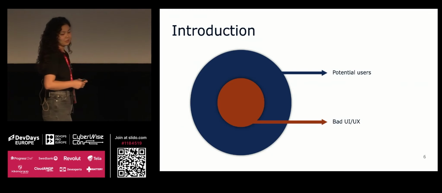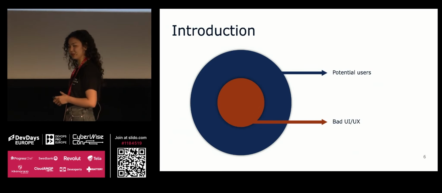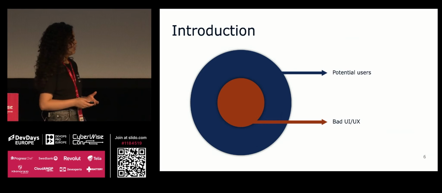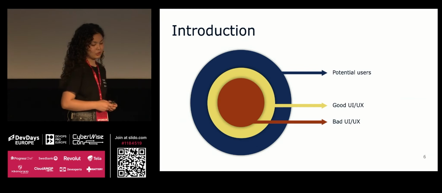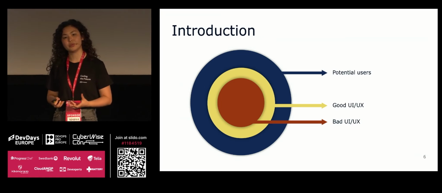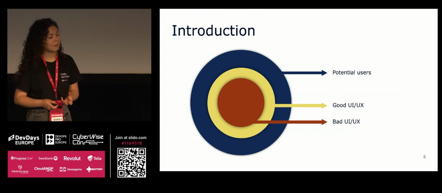A poorly designed application can only serve a small subset of the total potential audience. That's where UI/UX plays a crucial role, aiming to make your product more intuitive and user-friendly.